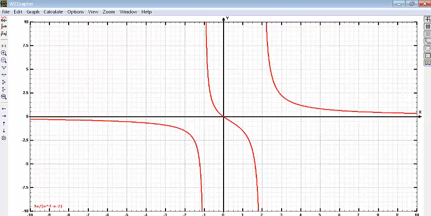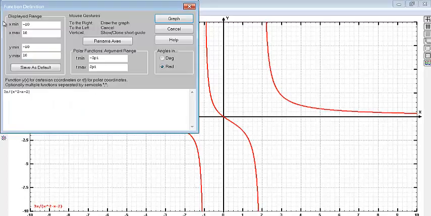Let's plot it out. 2x squared plus 1 over x. That's all right. So 2x divided by x. Actually, x squared plus 1 divided by x.